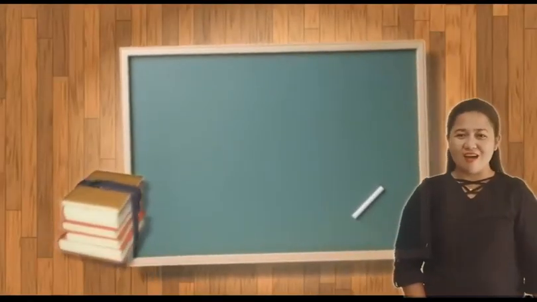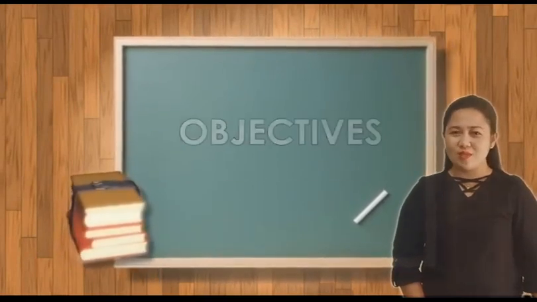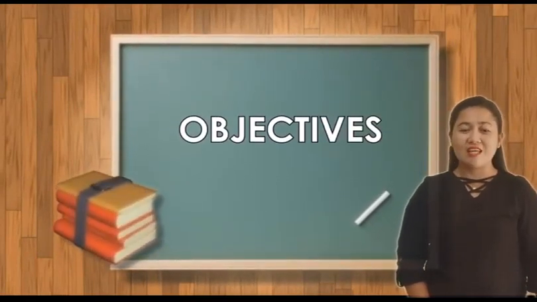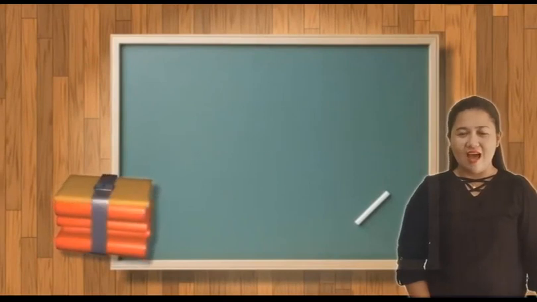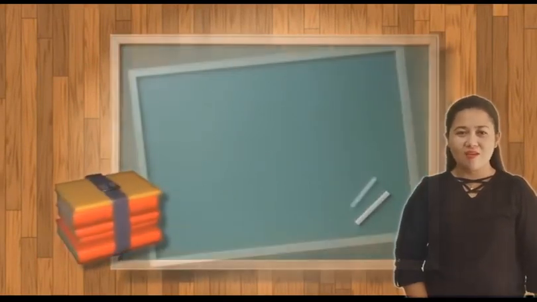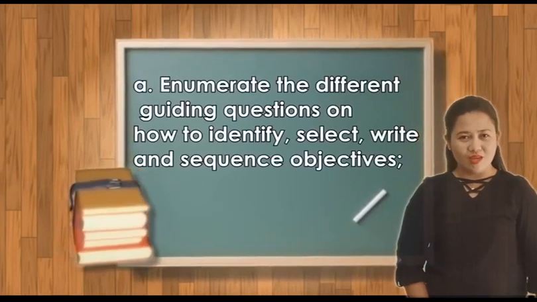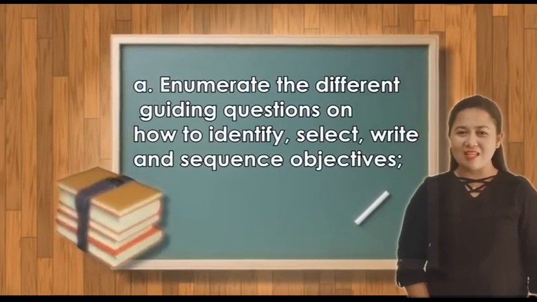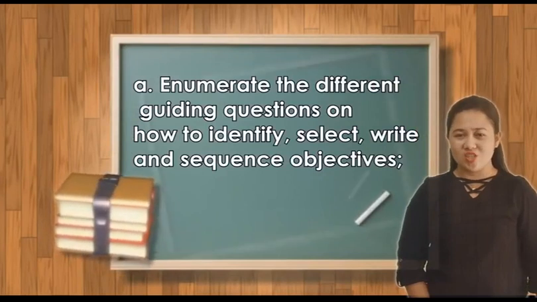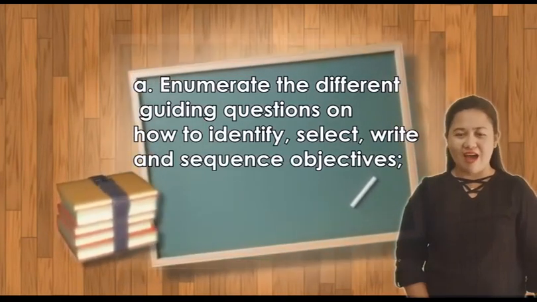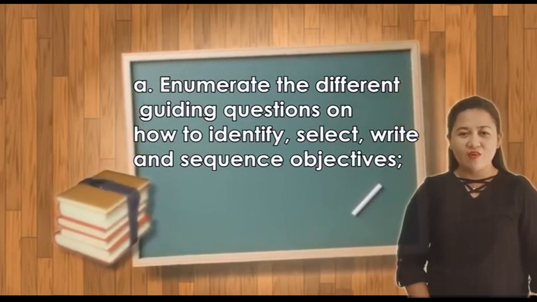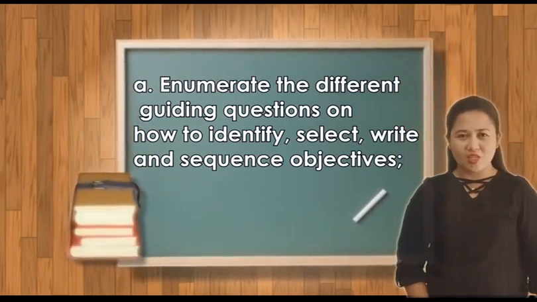In order for us to be guided, these will be our objectives that we must attain. At the end of the session, the Master of Education students should be able to: A. Enumerate the different guiding questions on how to identify, select, write, and sequence objectives.